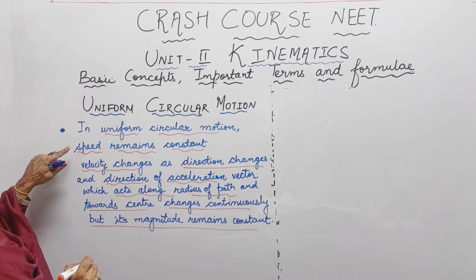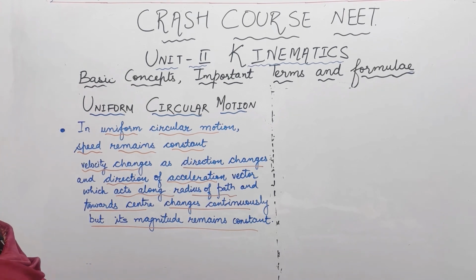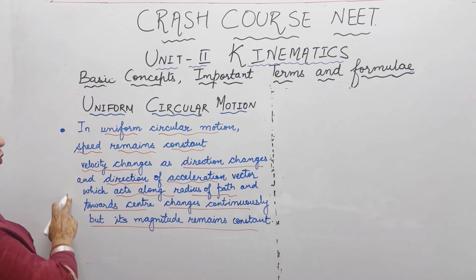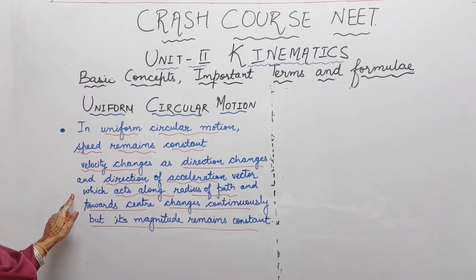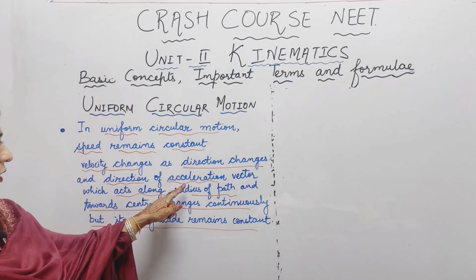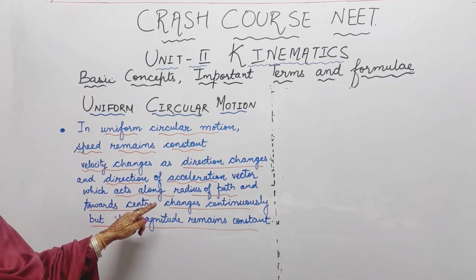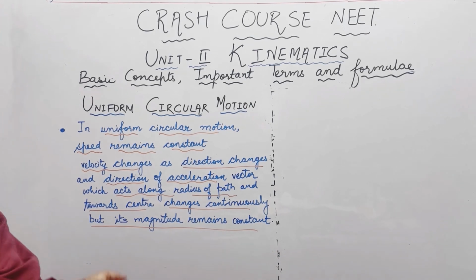So whether we are talking about speed, velocity or acceleration, the magnitude is going to remain the same, but the direction keeps on changing at every point in case of velocity as well as acceleration, and the acceleration is always along the radius of the path and towards the center of the circle.